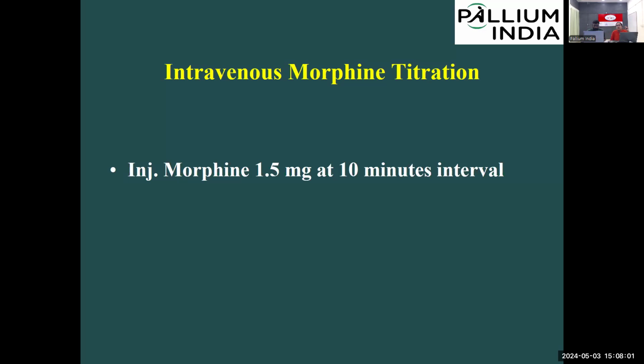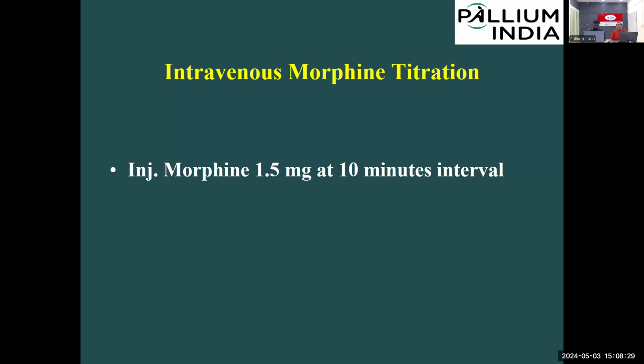So this 1 ml of morphine is given to the patient at 10-minute intervals. That is how morphine titration is performed. Before we start with the morphine titration, we need to check the vitals of the patient, the respiratory rate, and assess the pain score of the patient.